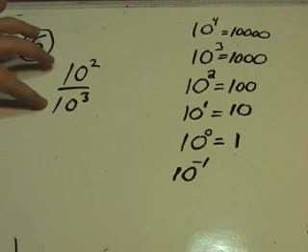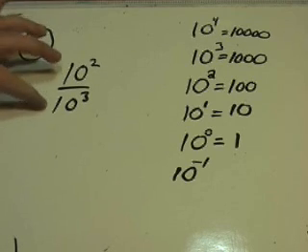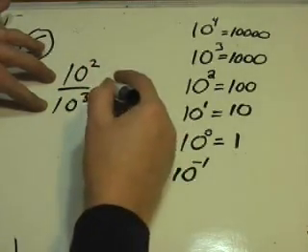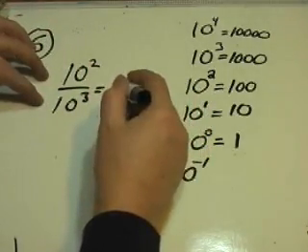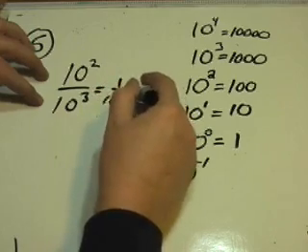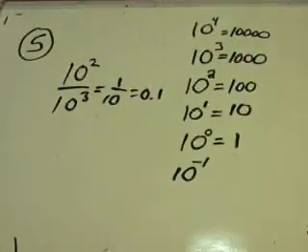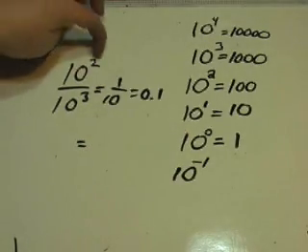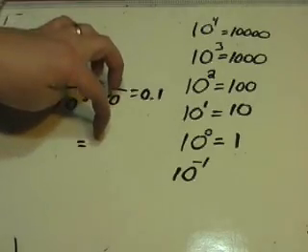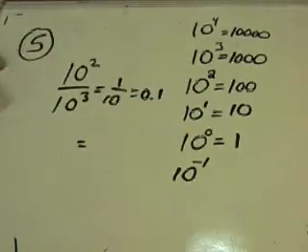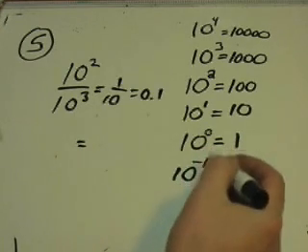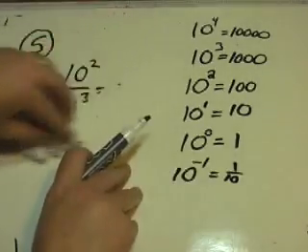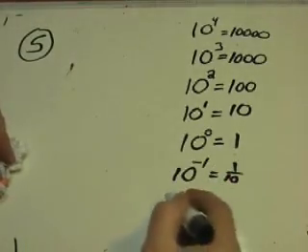That's not very much pie. 100 pies, 1,000 people, you're only going to get a tenth of a pie per person. 100 divided by 1,000, that's definitely 1/10 or 0.1. No question about that. But if you also use our power rule, 2 minus 3 gives you a power of -1. So again, the pattern is suggesting that 10 to the minus 1 we ought to call 1/10, and so on, kind of going down.